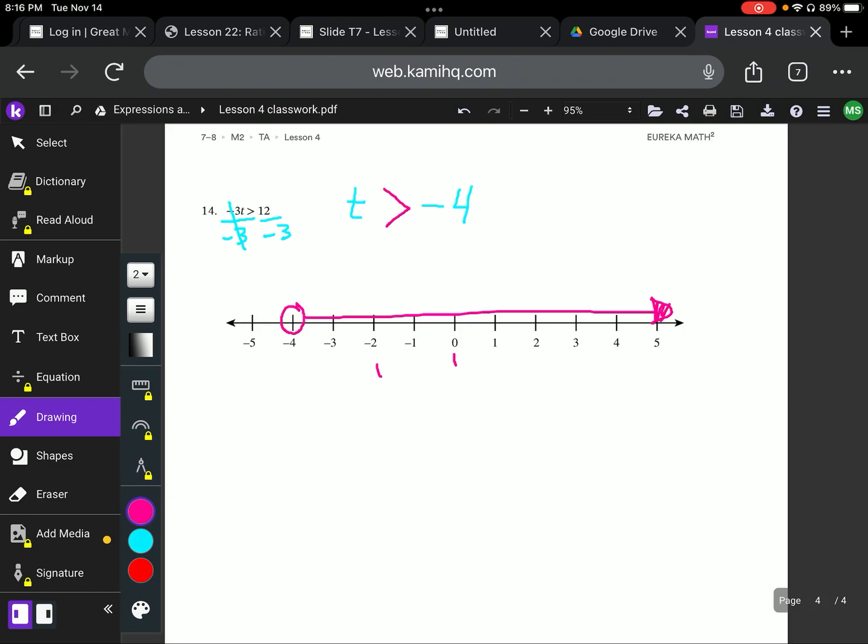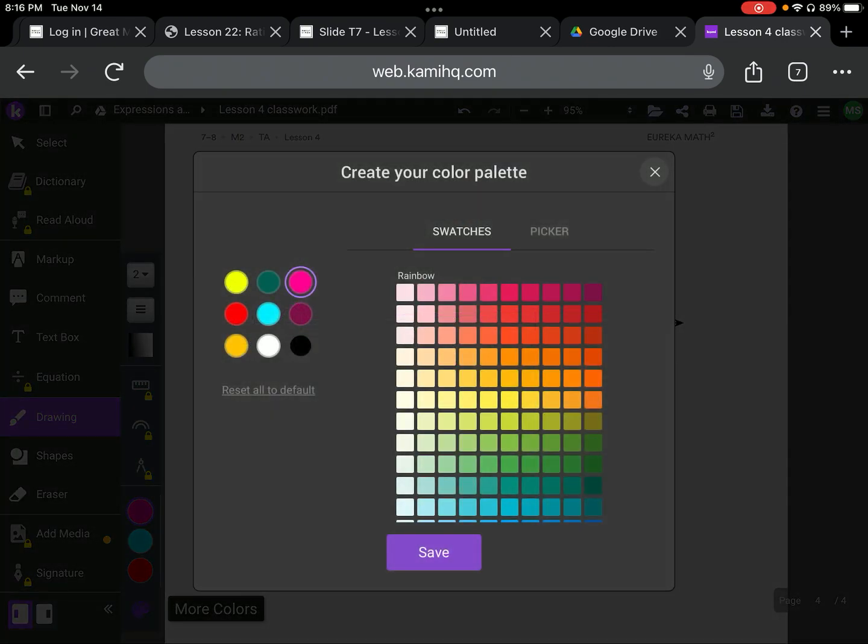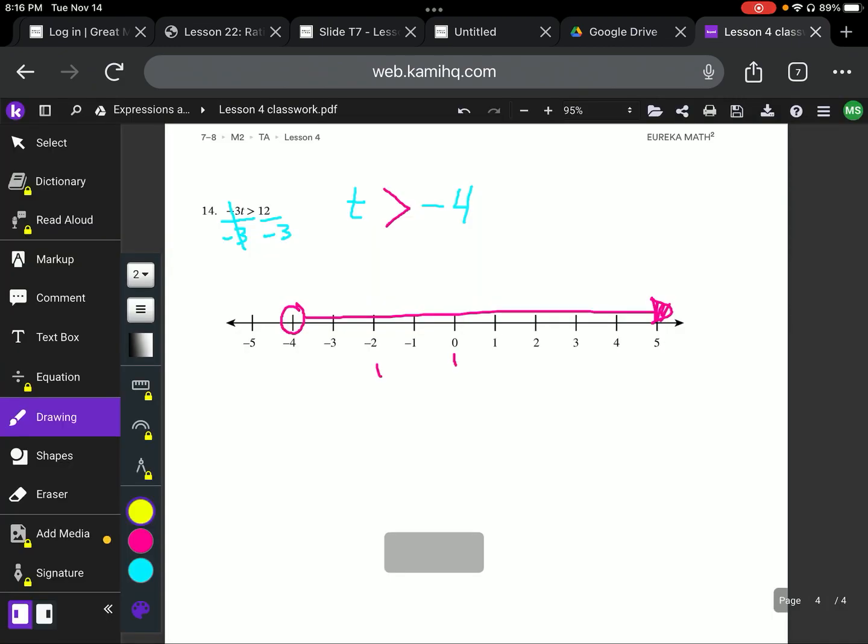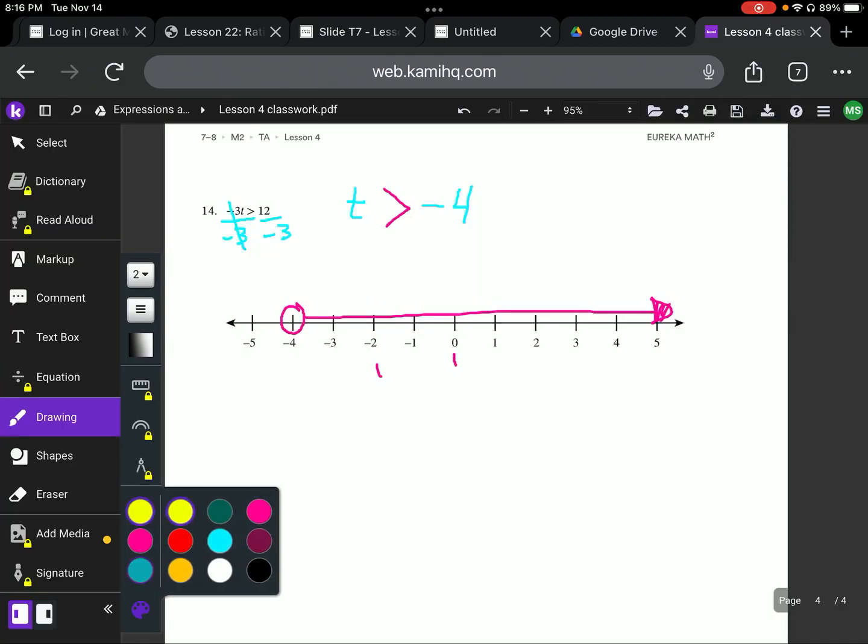So the way that I can check that is in my original inequality. Instead of writing t, I'm going to write any one of these answers that I'm picking.